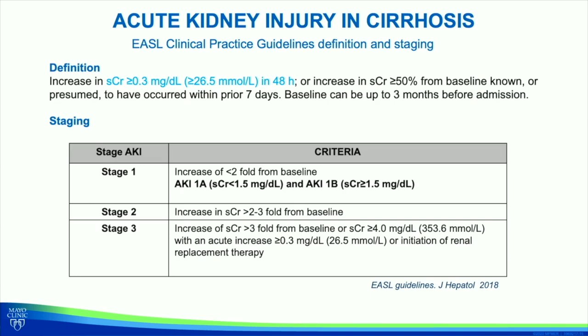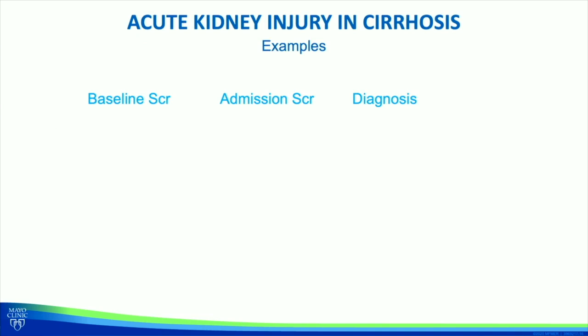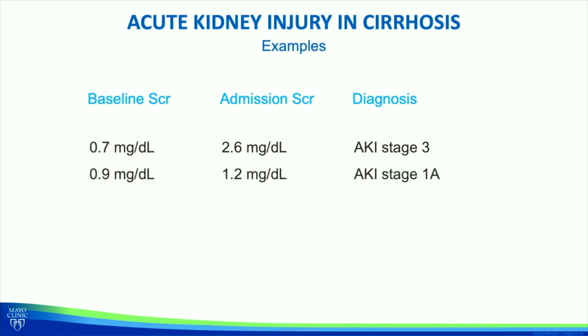So you've diagnosed acute kidney injury and you've staged it. So let's take some examples, okay? Patient starts off with 0.7 baseline. At admission it's 2.6, so it's gone up more than 3 times. So this is stage 3 acute kidney injury. Baseline was 0.9. Now it's 1.2, so it's gone up by 0.3, so it's acute kidney injury.